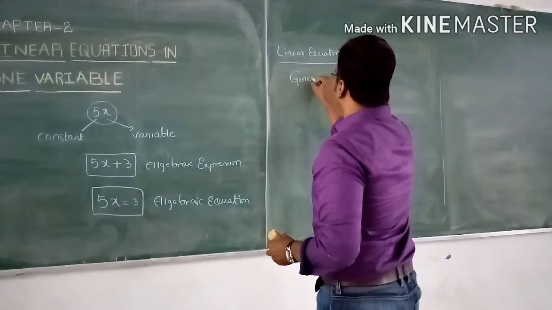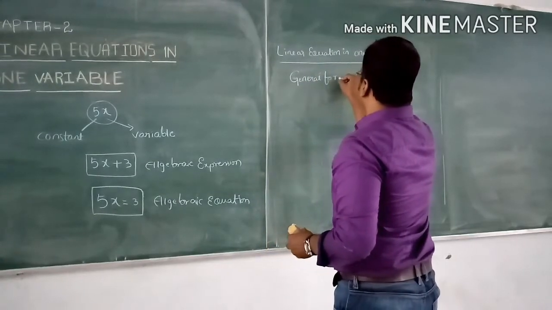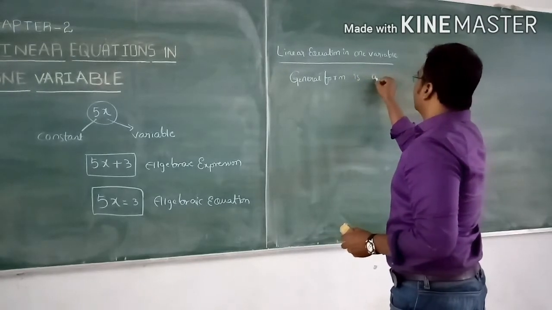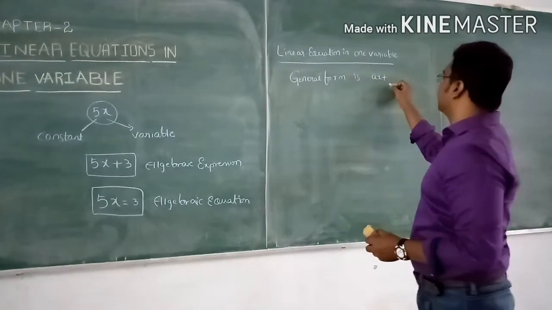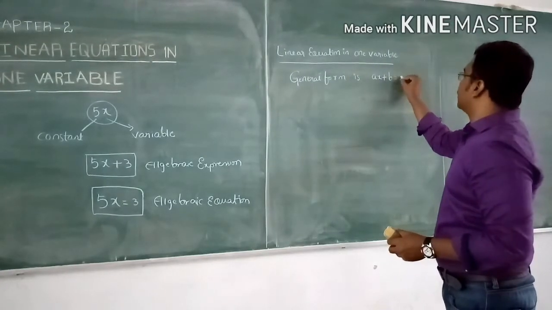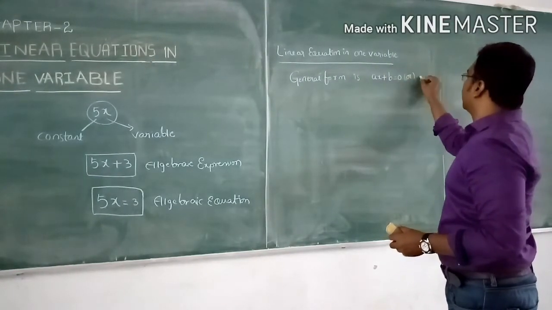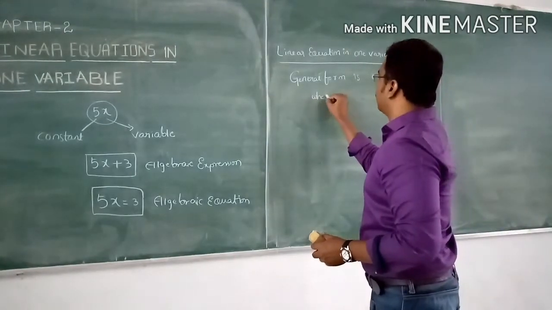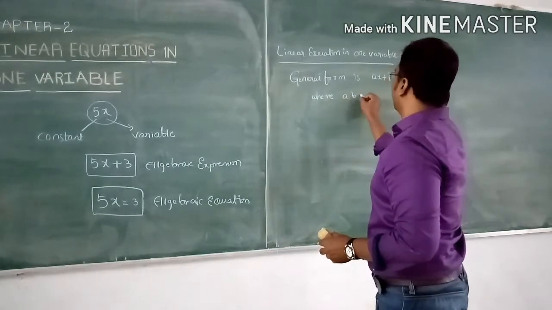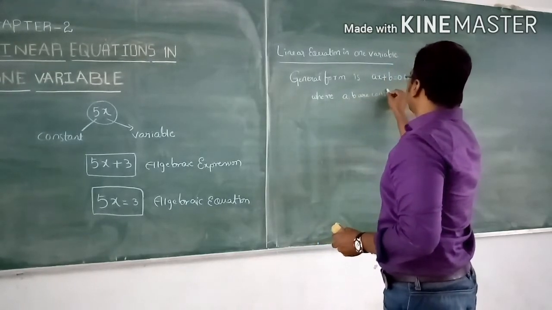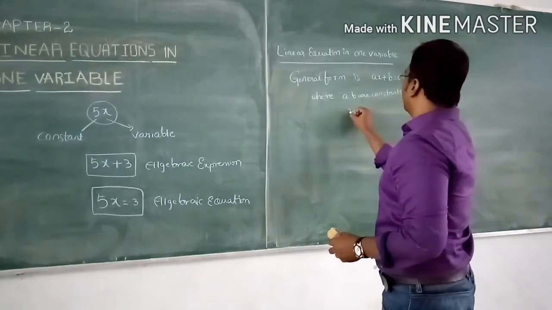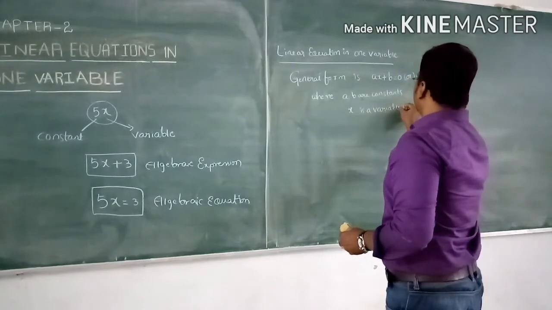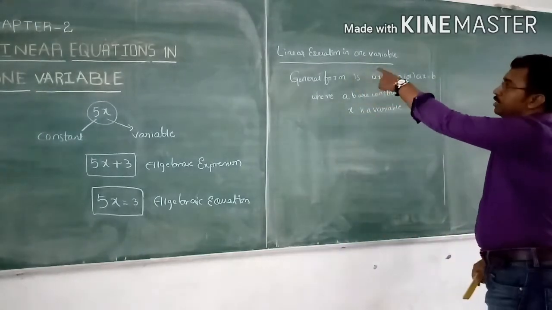The general form of the linear equation in one variable is ax plus b is equal to 0, or ax is equal to b, where a, b are constants and x is a variable. So this is called the general form of the linear equation in one variable.